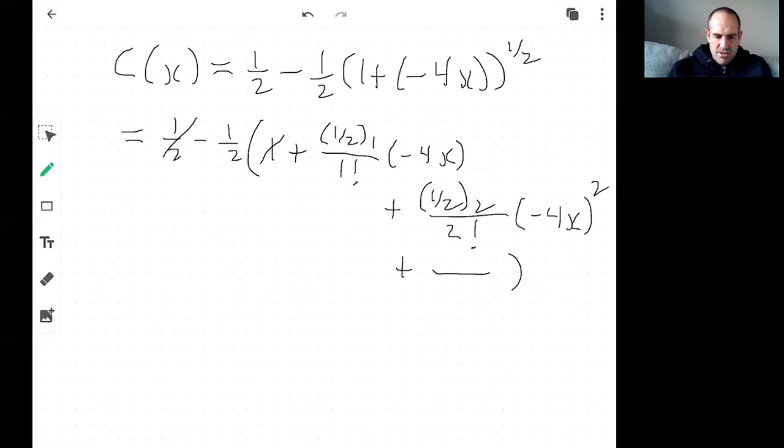So what we end up with here is basically negative 1/2 times, and I'm just going to write the generic term here. The 1 is gone, and then we're off to the races with the pattern that we see here.